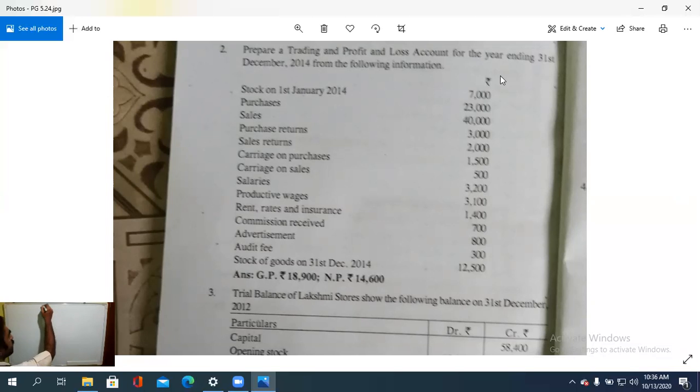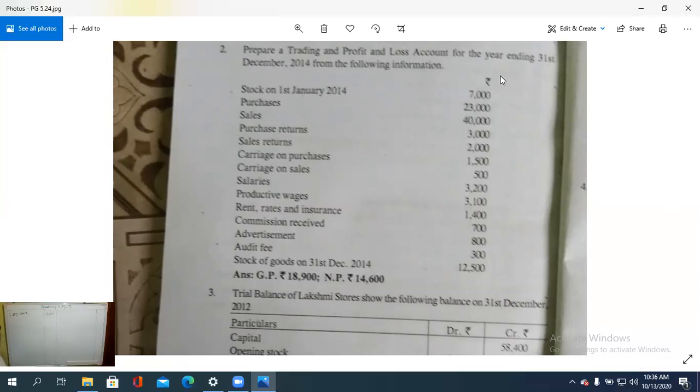So we are going to prepare the trading and P&L account at the same time. Firstly we start with the trading account and then the continuation as the P&L account. So firstly, to opening stock, that is the first item, 7,000.